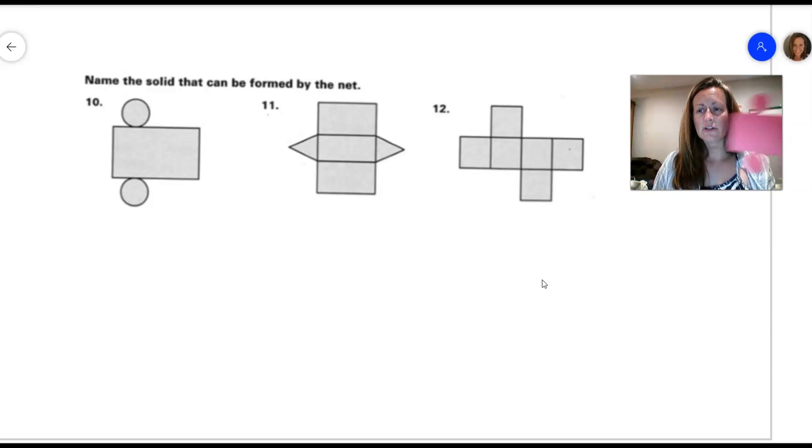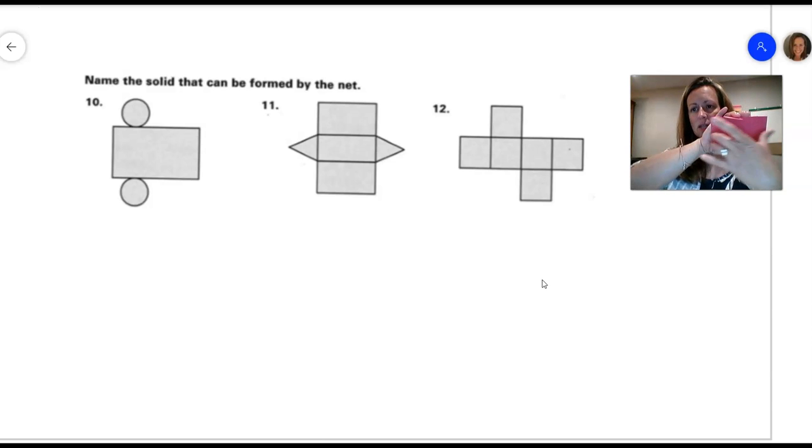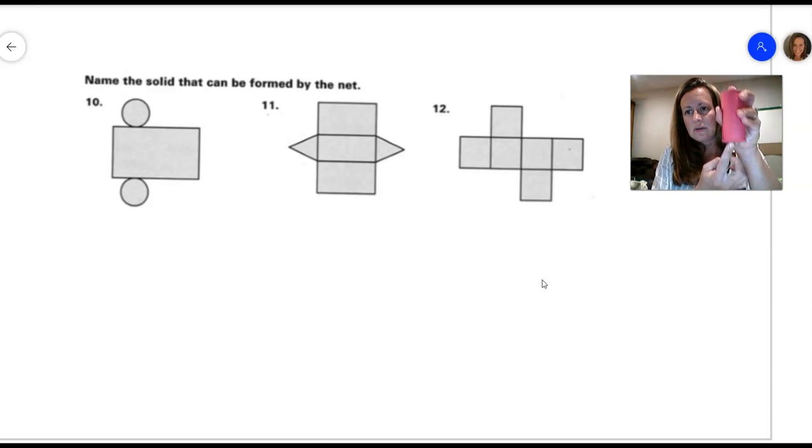So I have here the first one as an example, number 10. The idea would be that you could fold these 2 circles down like so, and you could wrap this around the perimeter or circumference of the circles, okay?